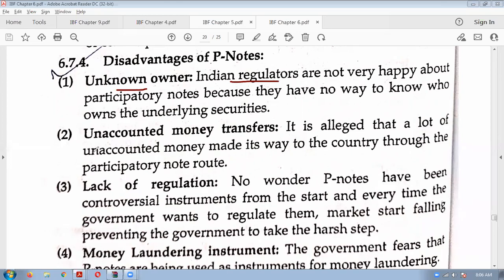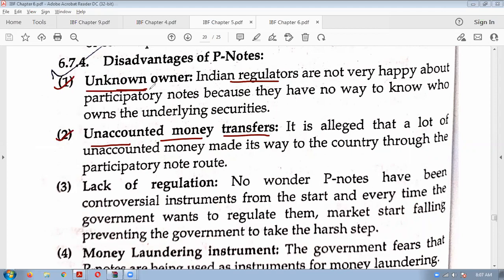Then another important disadvantage is unaccounted money transfers. So a lot of black money can be routed through P notes. Because persons who have black money will invest in the Indian stock market through FIIs' P notes. Ultimately, their name is not going to be disclosed. So these two are the disadvantages of P notes.